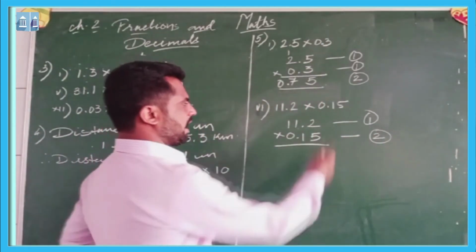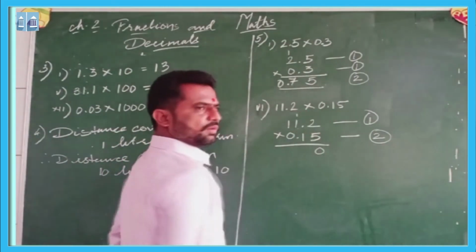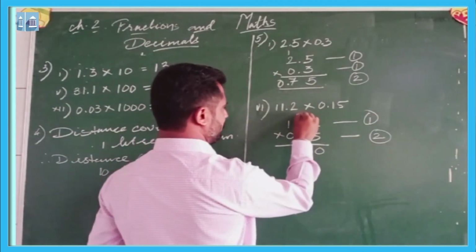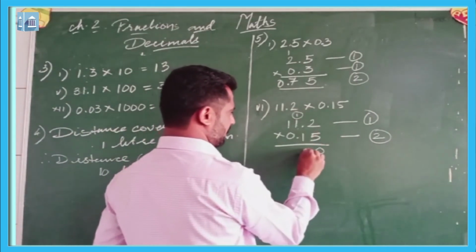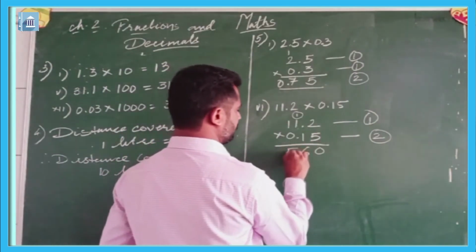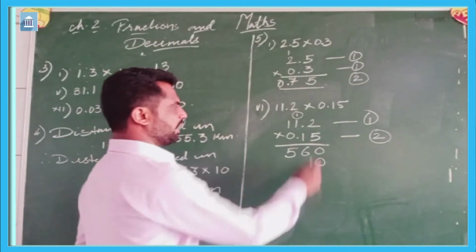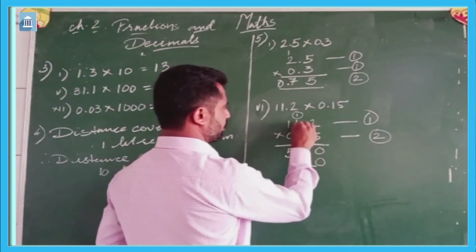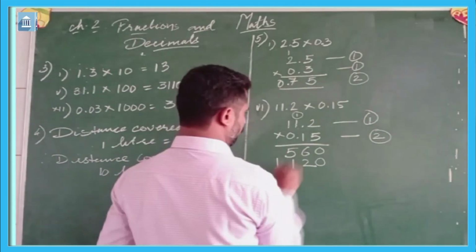Now let us multiply. 2 5s are 10. 1 5 is 5 plus 1 is equal to 6. 1 5 is 5. We will put 0 here. 2 1s are 2. 1 1 is 1. 1 1 is 1.